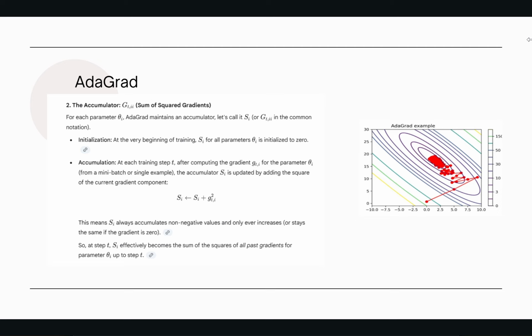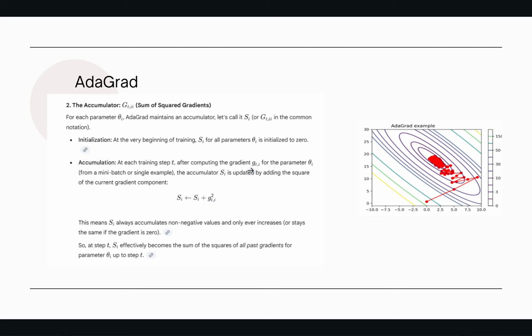And then for each training step, first we compute the gradient, then we compute the updated S_i accumulator by adding the previous S_i with the current gradient squared.